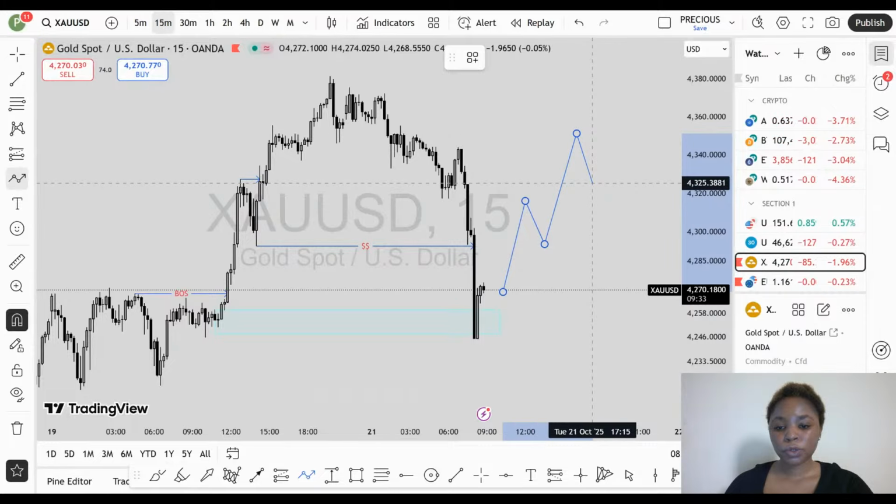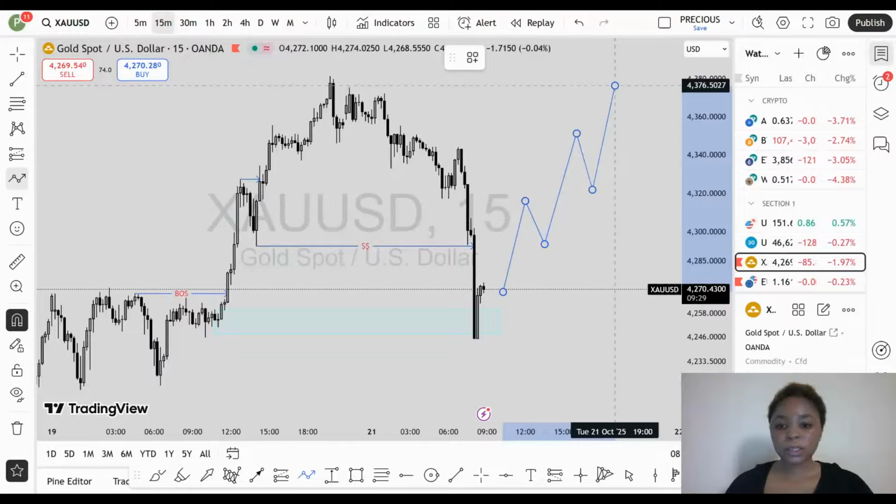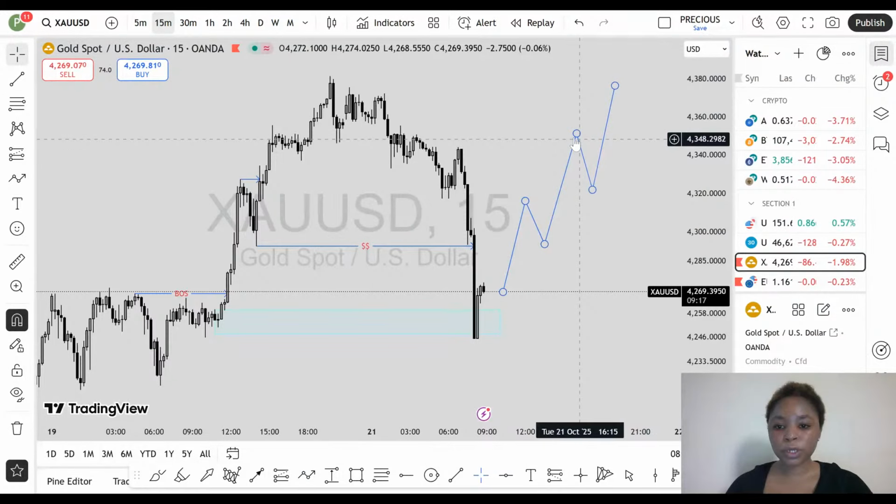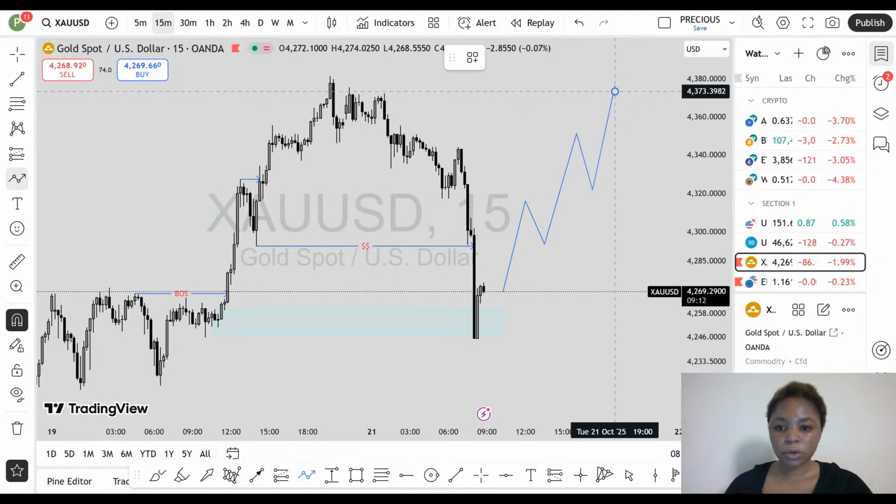So when markets create a break of structure, we are literally saying when markets break structure here, created the higher high, price always retraces back again to mitigate the other block, continuously.